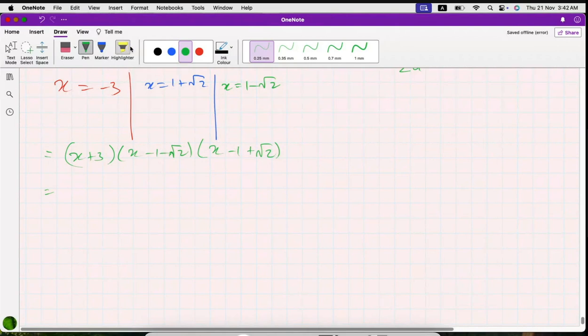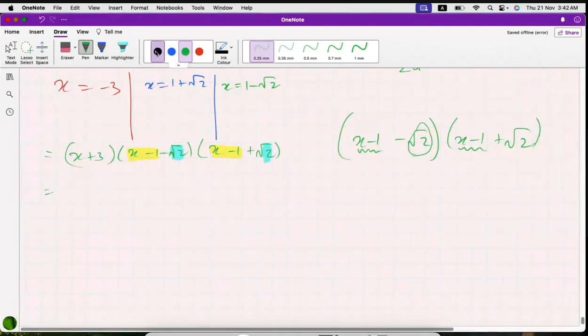Look closely. I'm multiplying the right side first. I'm considering this thing as 1 and square root 2 as the other thing. Now see, if I just consider x minus 1 as one thing, minus square root 2 is the other part, and x minus 1 again, plus square root 2.